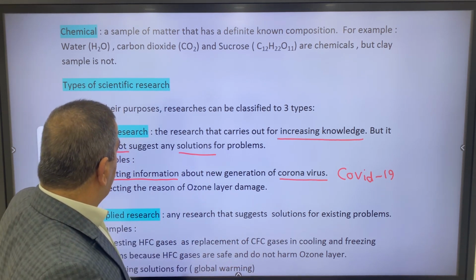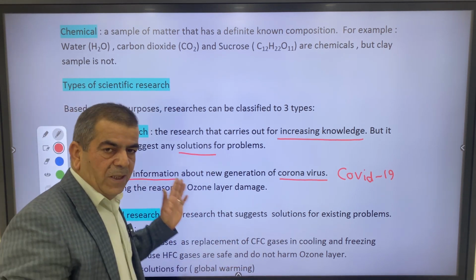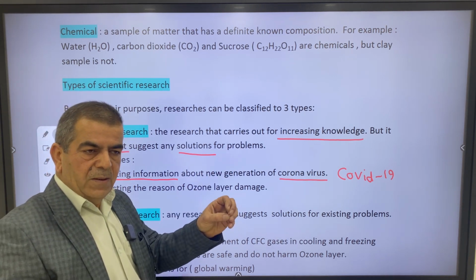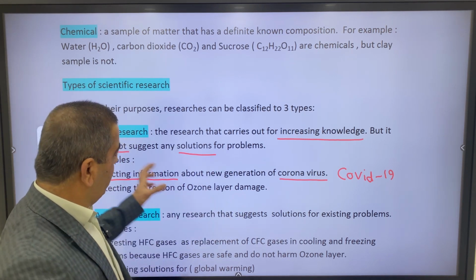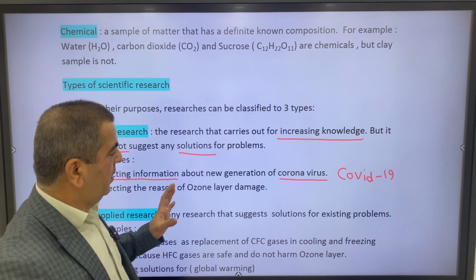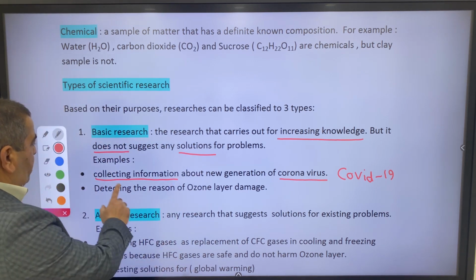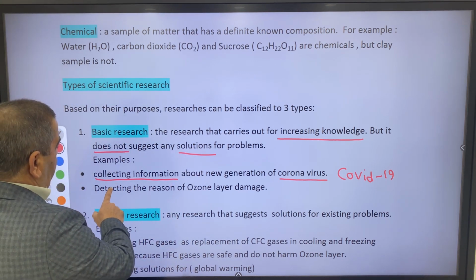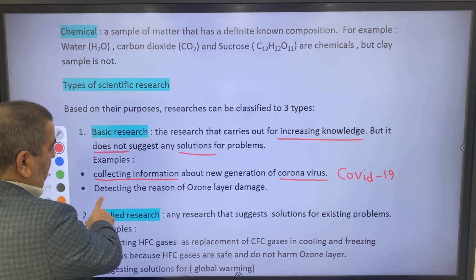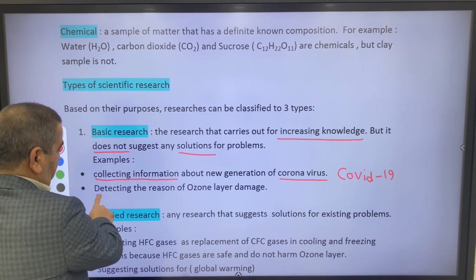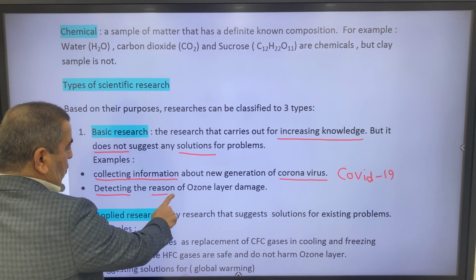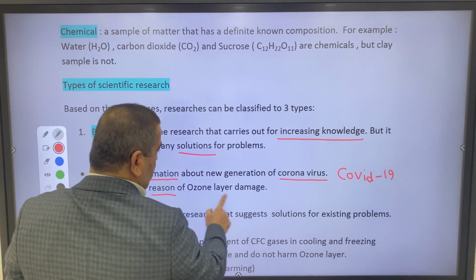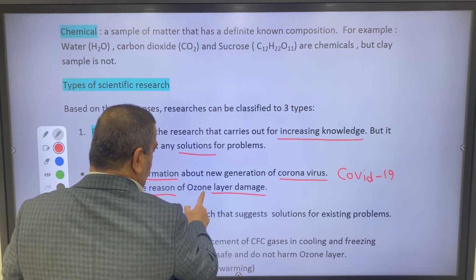So basic research is usually the beginning of the solution. It's only collecting information. So this is the first one. Second, detecting the reason. Find the reason why the ozone layer was damaged.